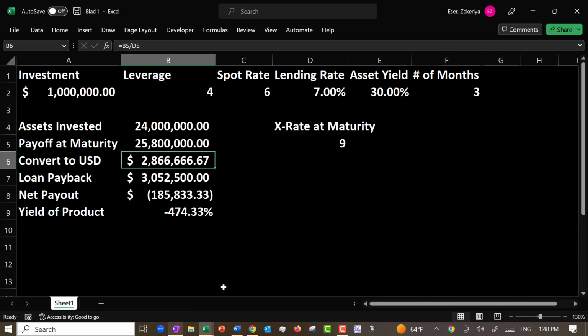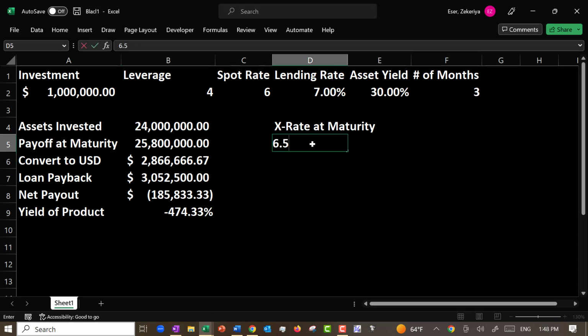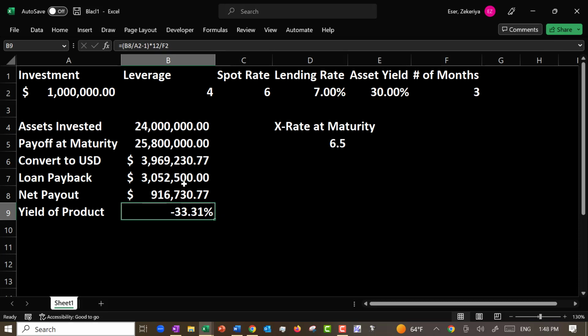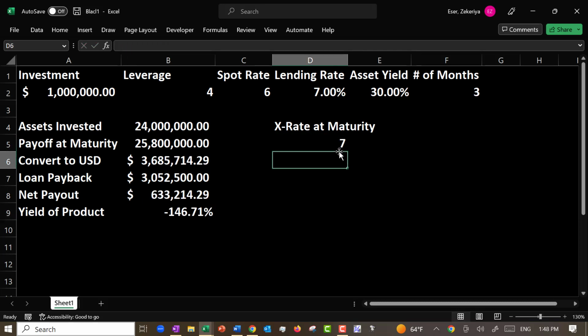For example, at 6.5, they're losing money, about 10% or 8% of their money, or about 7, they're losing close to a third of their money.